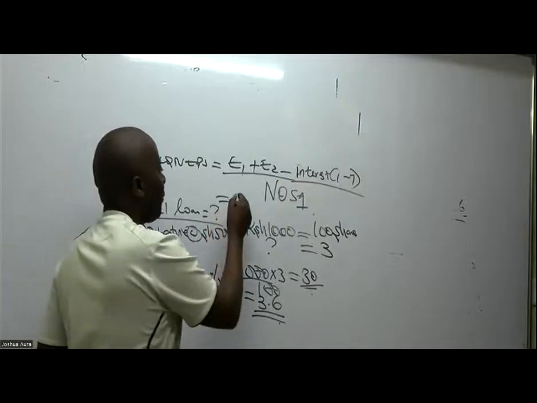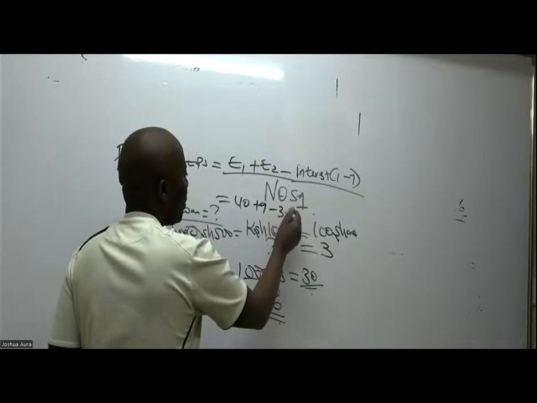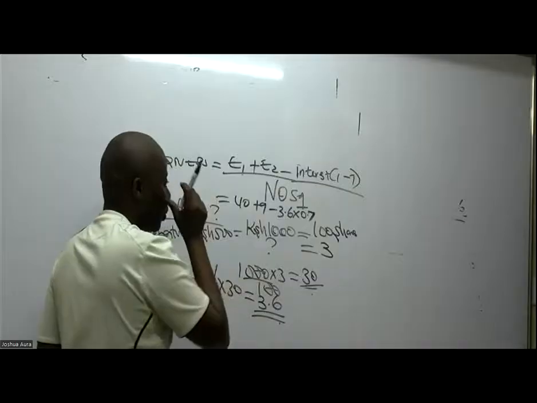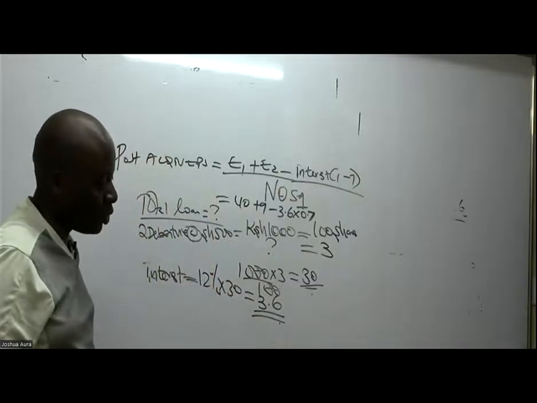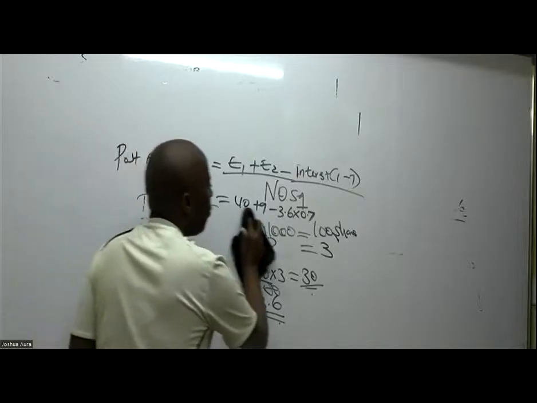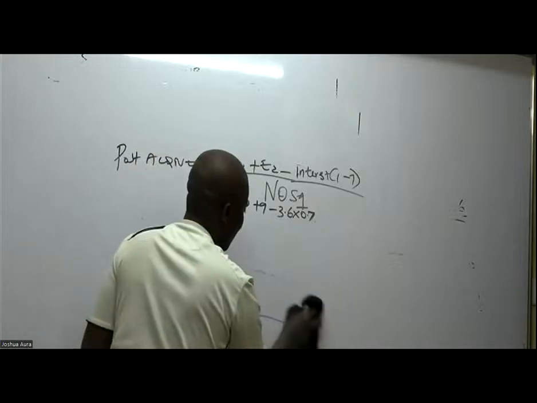So this is 40 plus 9 minus the interest of 3.6, times 0.7. I'm so sure of the 0.7. You guys haven't yet seen where I got the 0.7 from.